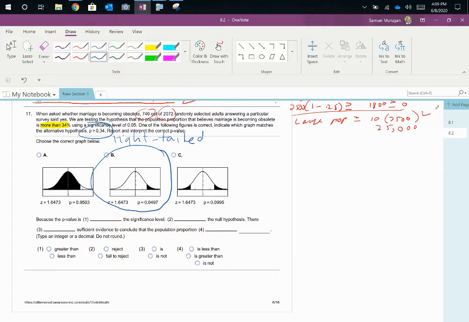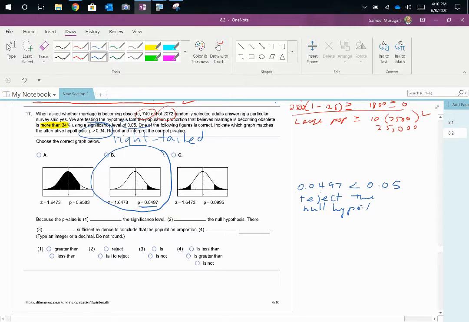Now, the p-value here given, okay, the p-value here is 0.0497, and we're given that the significance level is 0.05, so it's less than 0.05, okay, we must reject the null hypothesis.